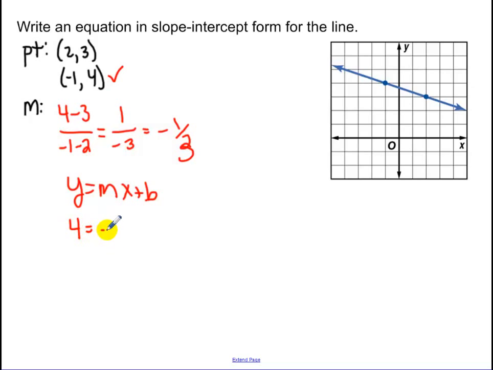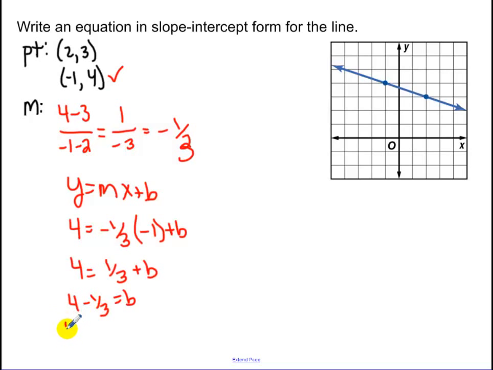M is -1/3. The x is -1 plus b. So y of 4 equals 1/3 plus b. Solving for b, we get 4 minus 1/3.